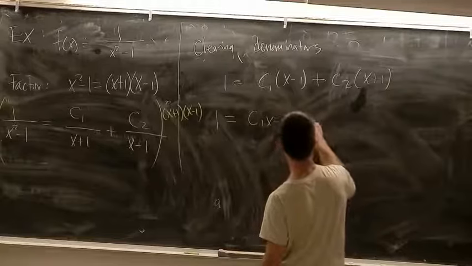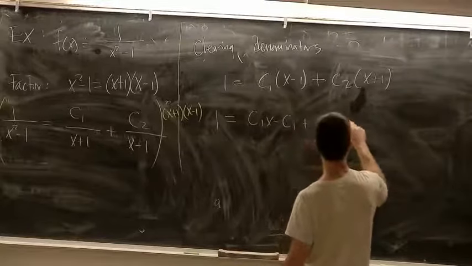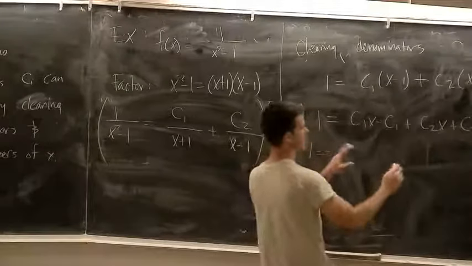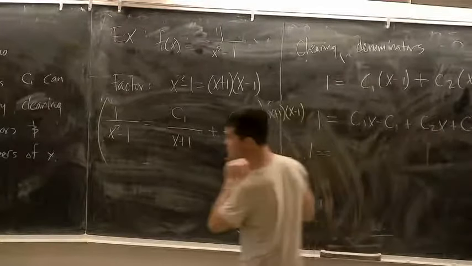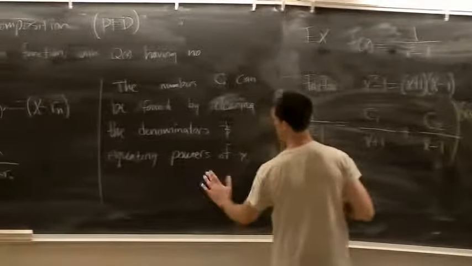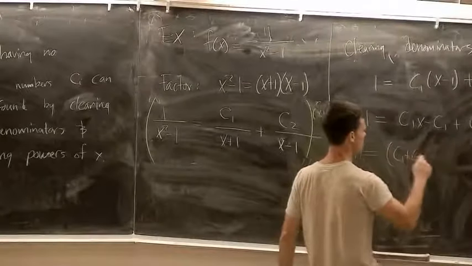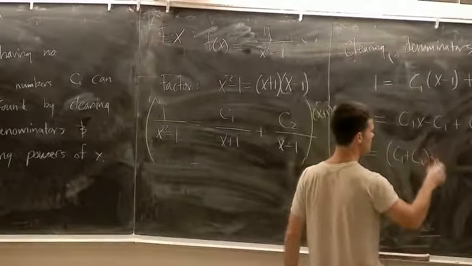All right. So let's just distribute this out. 1 equals C1x minus C1 plus C2x plus C2. 1 is equal to, okay, now I'm going to collect powers. Before I can equate powers of x, I need to collect them. So that's C1 plus C2 times x, and then plus C2 minus C1.